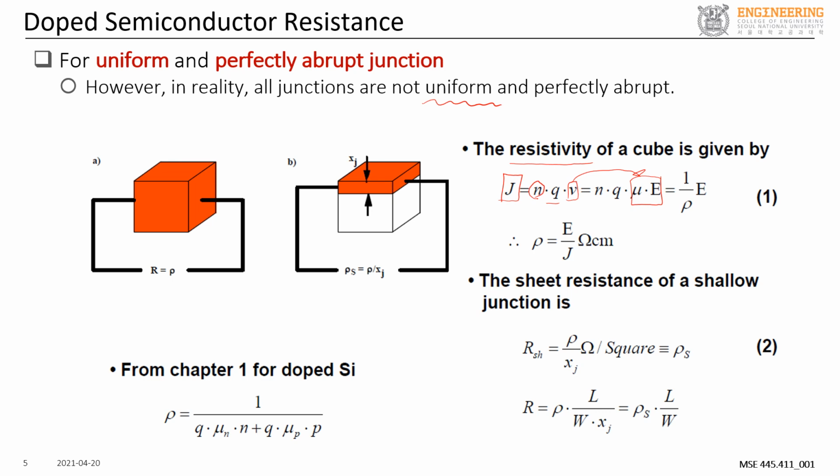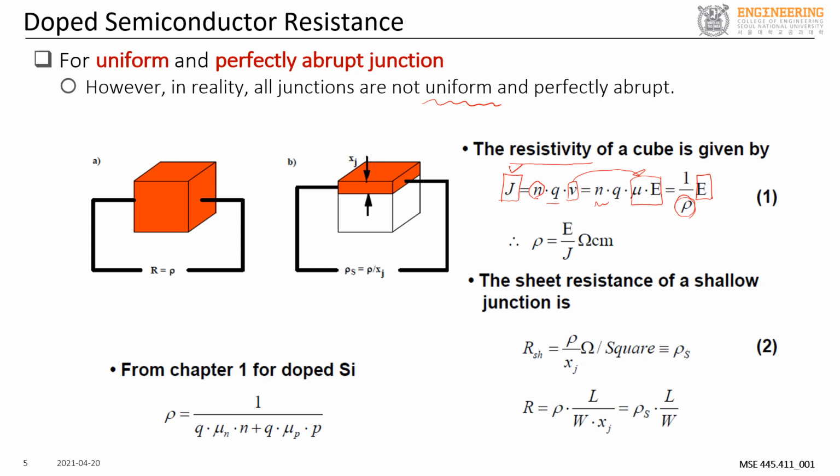This is the equation for the resistivity, which relates the current density to the electric field. So from this equation you can find the resistivity from the carrier density, which gives you information about the doping concentration.